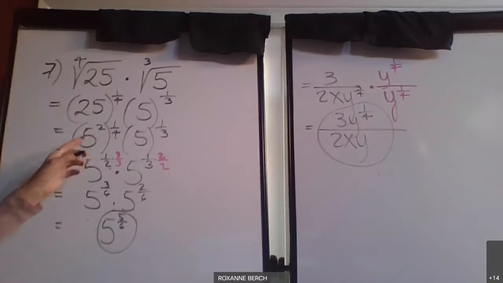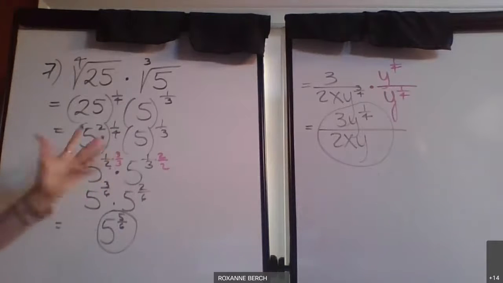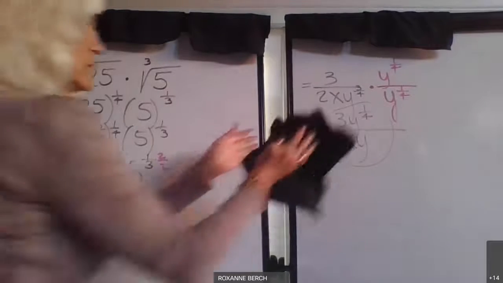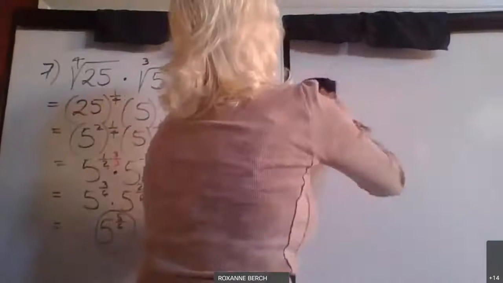So you're going to write it like this, and then eventually you're going to have to put them together by adding the exponents. And so you're going to need a common denominator. Did you follow this or no? Okay, other questions? I followed it. Okay. Other questions?